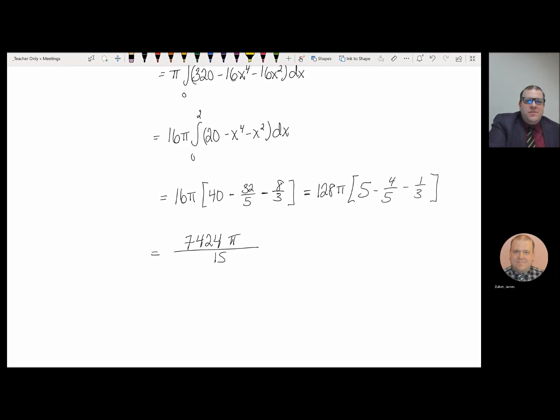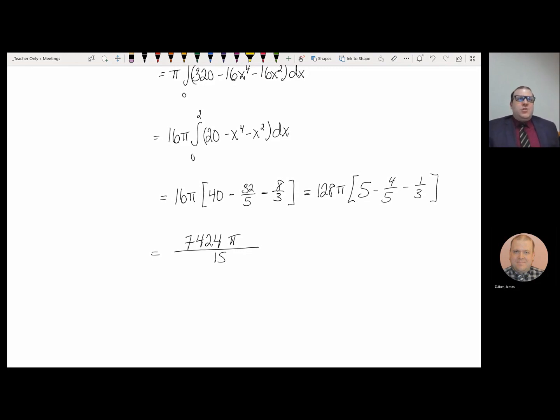Same process. It was rotating about the y-axis, but the line's off the y-axis. The idea would be the same, right? Because the radius is always measured from the axis of revolution. You want to be able to use either of these methods.